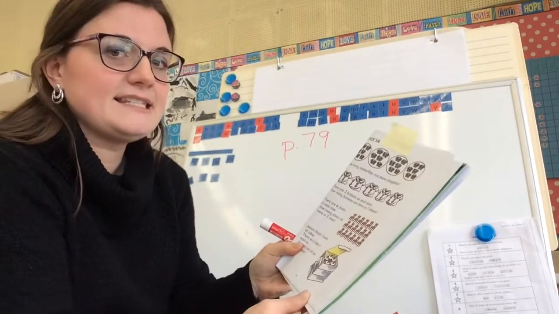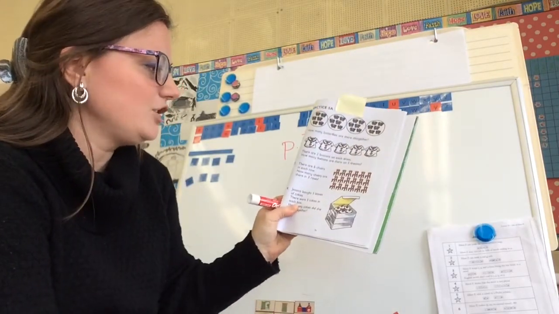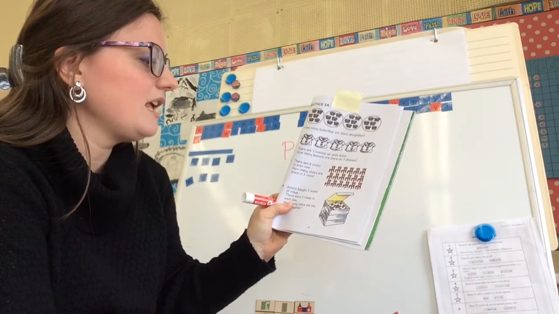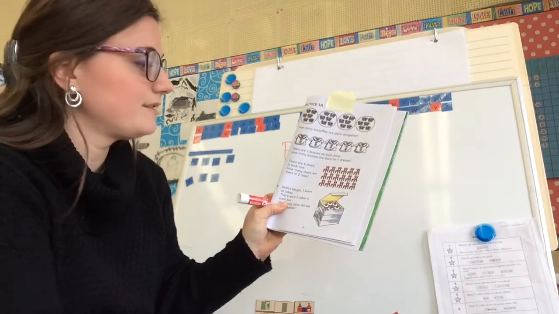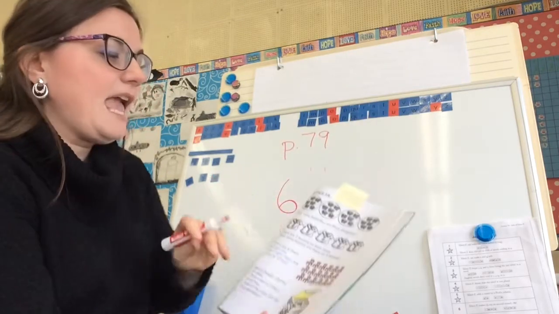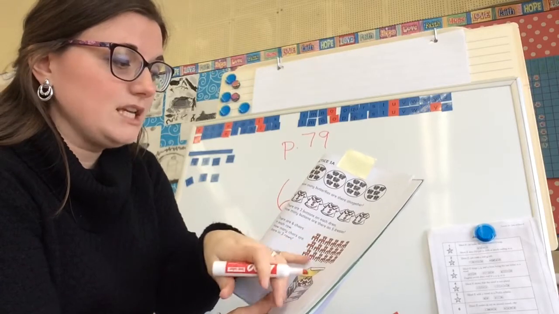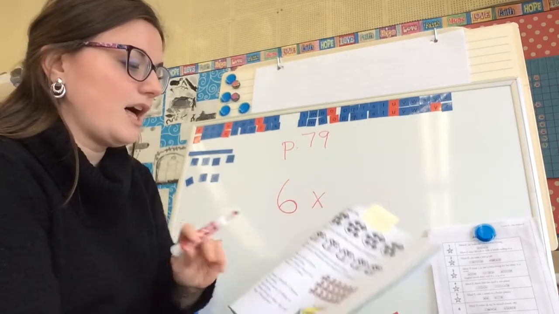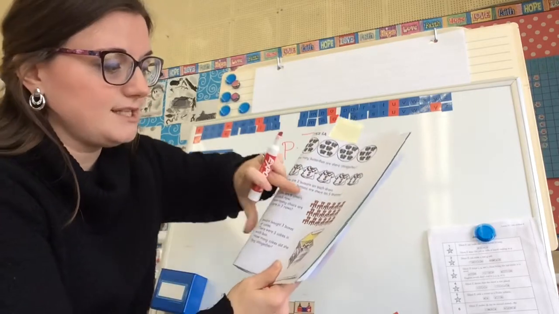There are 6 chairs in each row. How many chairs are there in 3 rows? Okay, so we know there's 6 chairs and the rows, we know they're equal, right? Because there's 6 in each. So we go 6, I can multiply by, there's 3 rows. Do you see the 3 rows?